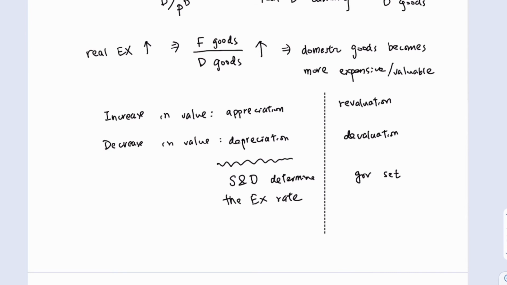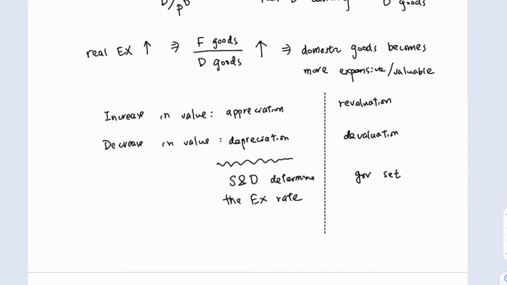So when a country's currency is appreciated, it becomes more valuable, and therefore for the same amount of currency, we are going to get a larger amount of foreign currency or foreign goods.